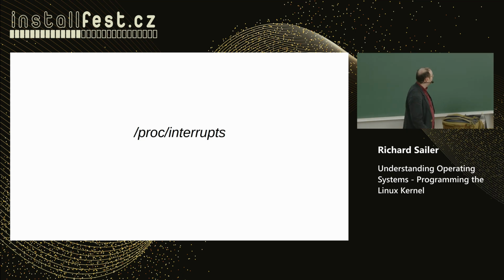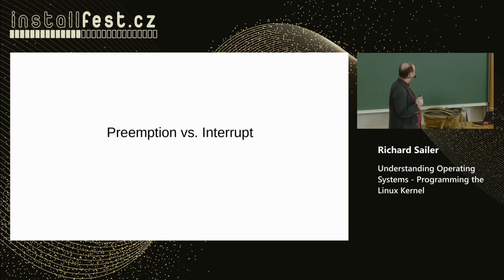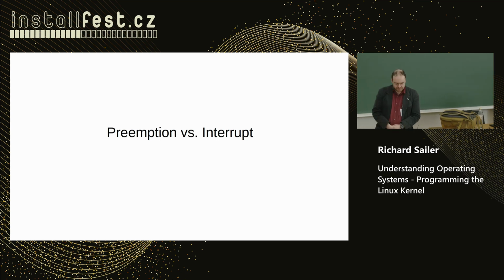So to go back, what more do we have? Here we also have a graphical thingy. Interrupt comes from the network card. Now I want to explain the difference between preemption and interrupts. So interrupts I've already explained.